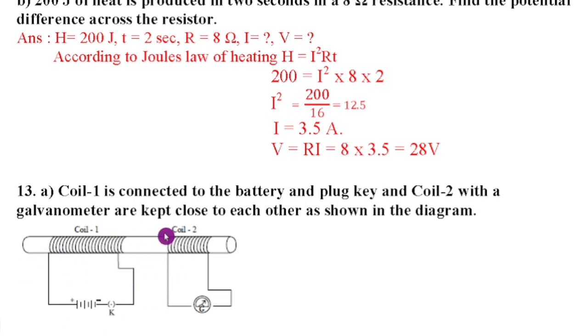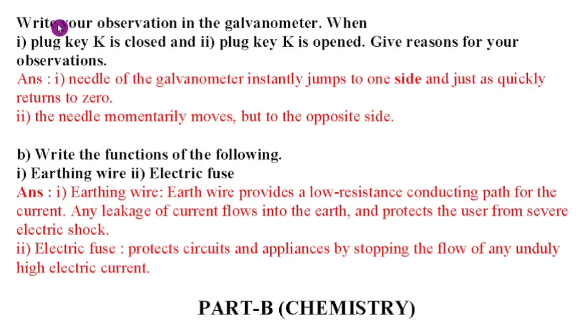In the first coil, it is connected to the plug key and the battery, and the second coil is connected to the galvanometer. They ask: write your observation in the galvanometer when plug key K is closed, and when plug key K is open. Give reason for your observation.